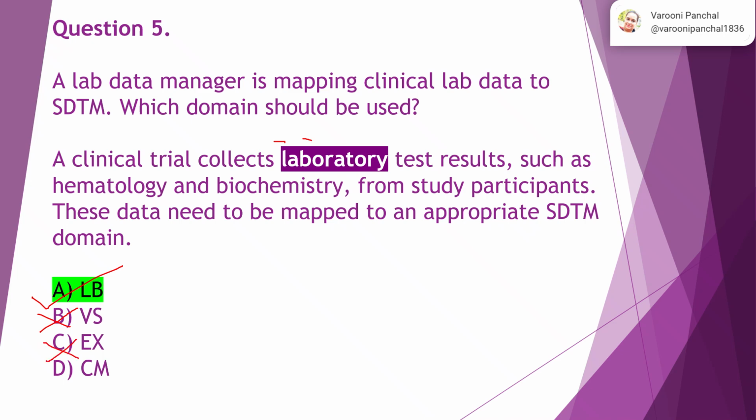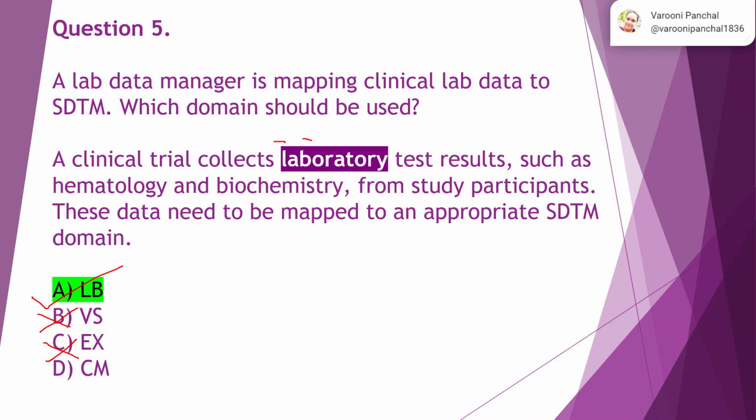Concomitant medication is CM, where other medications are taken to cure or replace something in case an adverse event has occurred. So say, for example, a patient has got a headache or some other kind of adverse event.